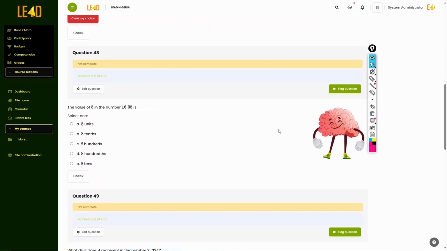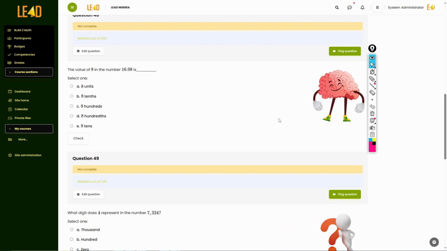Okay, question 48. What is the value of 8 in the number 16.08? My bad. So we said you turn everything else to 0, right? So the value of 8 here would be 0.08. Let's take the place value. This is to the right of the decimal point, where we have the place values that are smaller than 1.